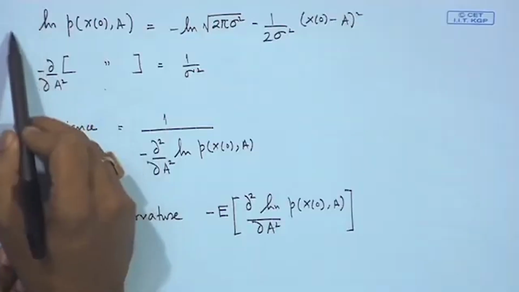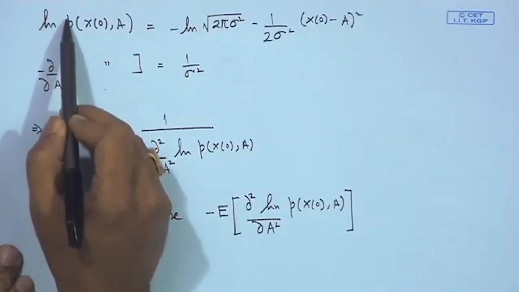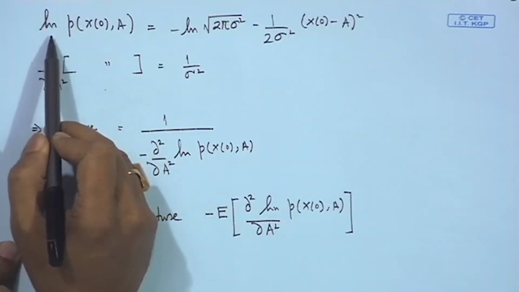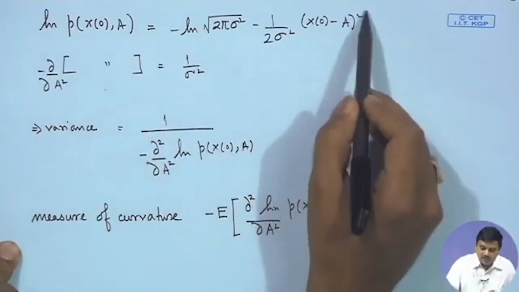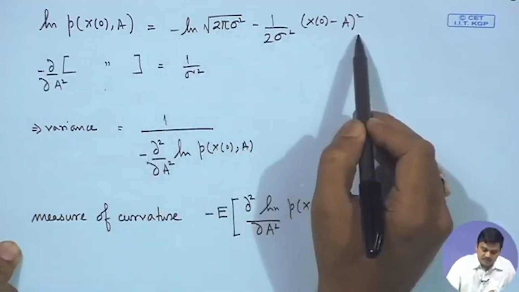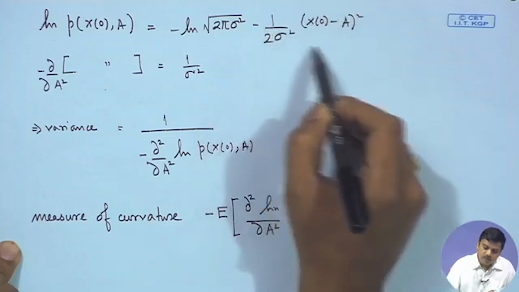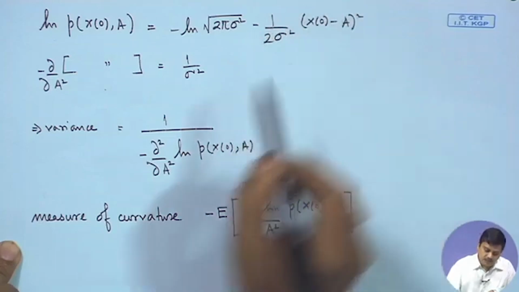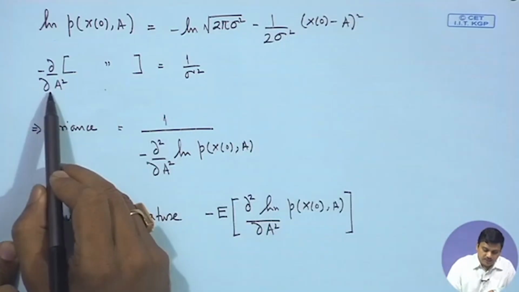So, instead of taking the likelihood function directly, we consider the log likelihood function. The reason to take the log likelihood function is that when we take the log, the expression becomes easier, because instead of the exponent we get it directly here, and we take the derivative.